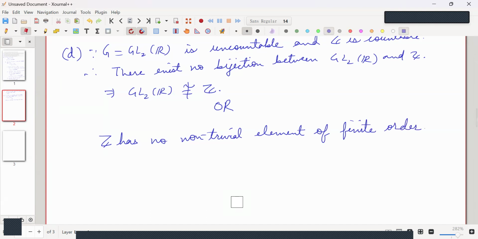Except zero, every other element has infinite order. Do you agree with this statement? Yes, sir. Order, you know that, is the smallest positive integer n such that a raised to n is identity.